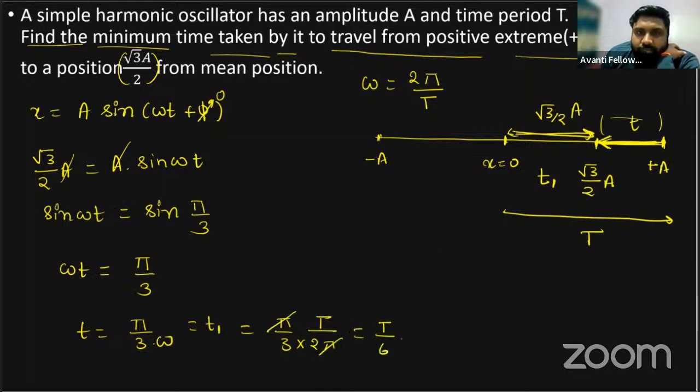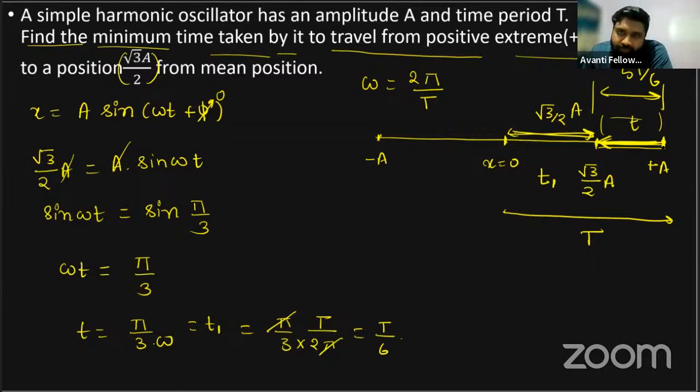So the time it will take from mean position to reach root 3 by 2 A is T by 6. Now, in T by 6 it is reaching root 3A by 2. From root 3A by 2 to reaching A, it will take T minus T by 6 time, which is 5T by 6. So the value of time from this position to this is 5T by 6.